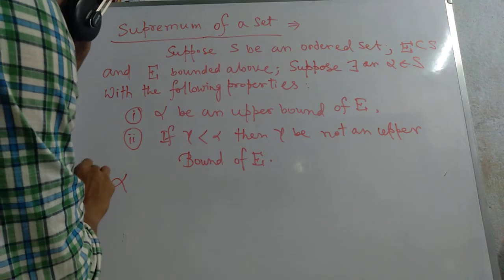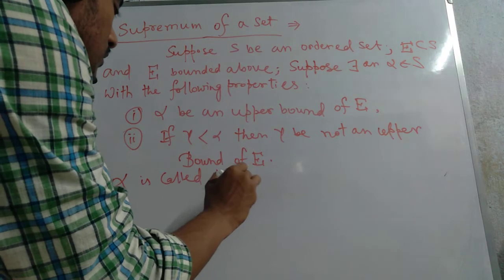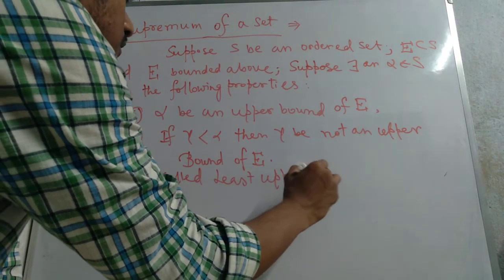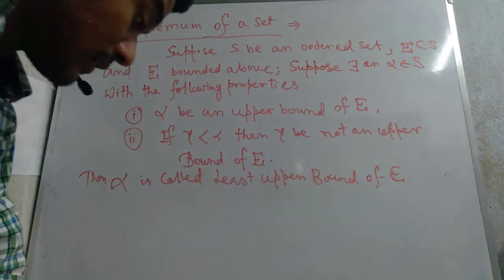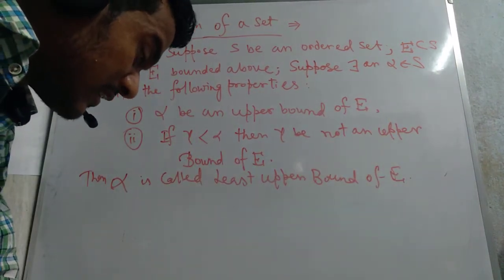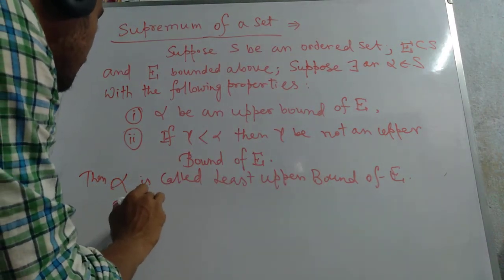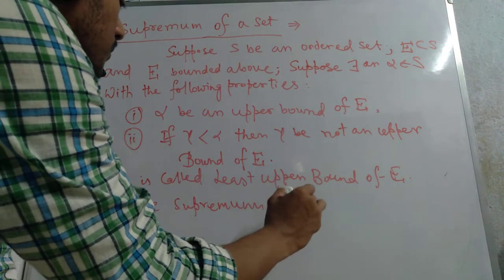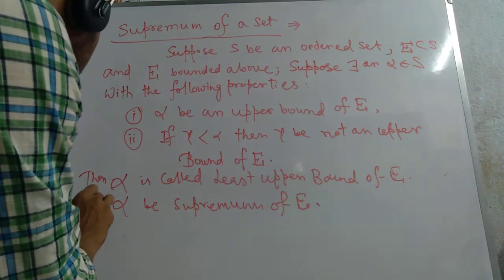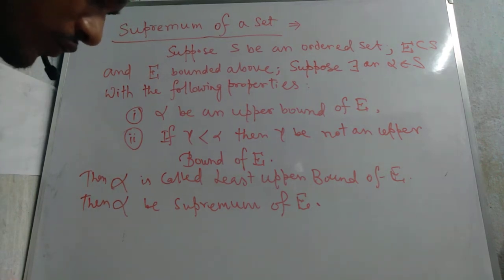Then alpha is called the least upper bound of E, and we also call alpha the supremum of E.